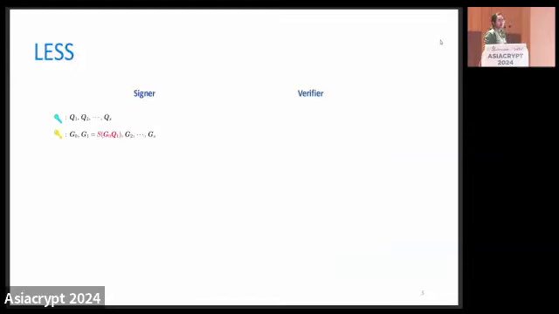Now I will explain the LESS signature scheme and the attack methodology on this scheme. Here first the signer generates many secret monomial matrices and one public key G0, and then all the other public keys G1 to Gs are generated by using the secret keys and the corresponding public key G0.